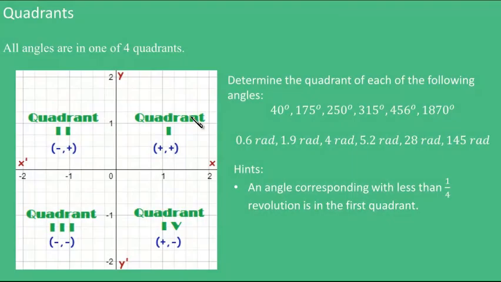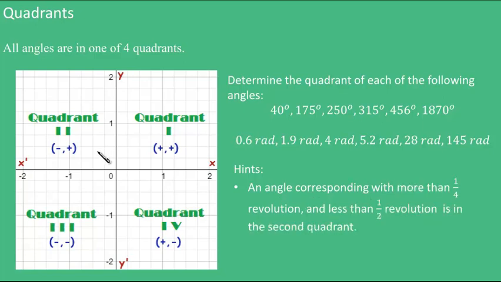If an angle corresponds with less than 1/4 of a revolution, it's in the first quadrant. So that's an angle which can be reduced to somewhere between 0 and 0.25 of a revolution. If that angle corresponds with a rotation that's between 1/4 of a revolution and 1/2 of a revolution, then it's in quadrant 2.